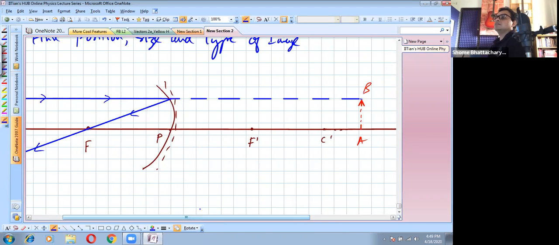Now again, let us consider something like this. Another ray, which when you produce it back, it appears to meet at the point B. This other incident ray. So this time, let us consider a ray which goes through the pole and appears to do that. Okay.